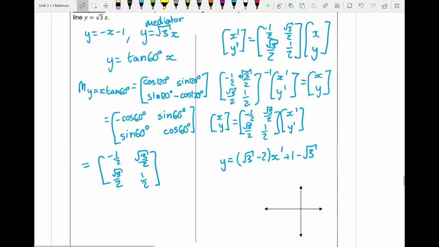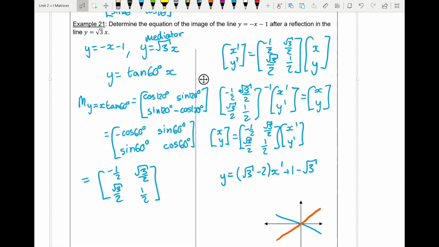So it is going to be coming down like that. I'll draw our mediator in orange and our original function in purple, which was just negative x take 1, looks like this.